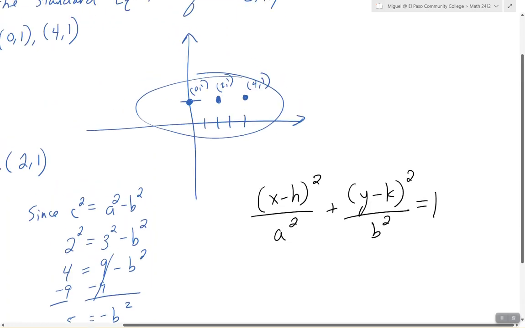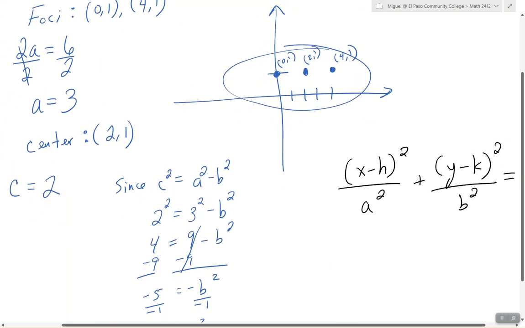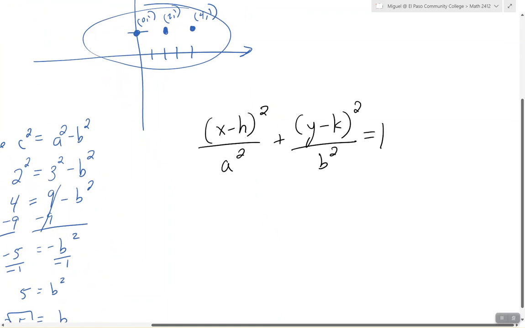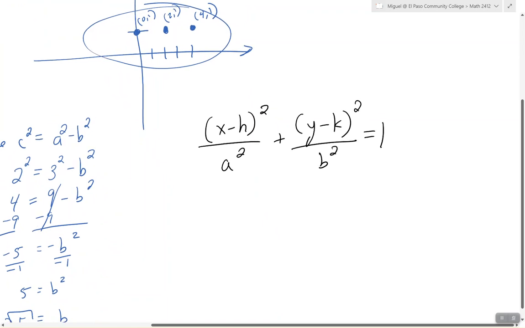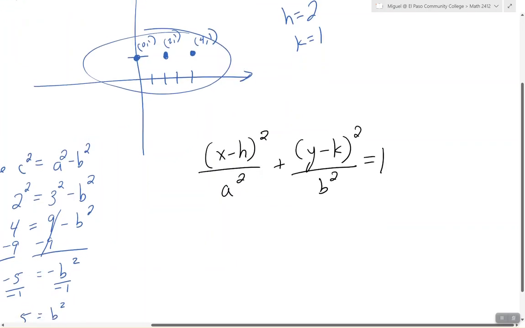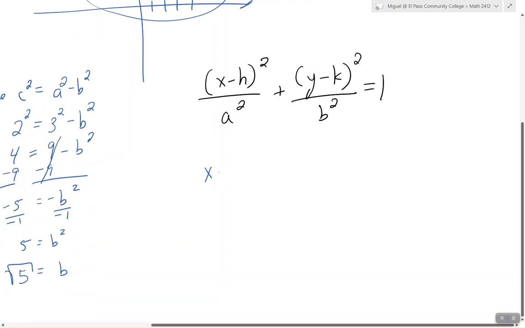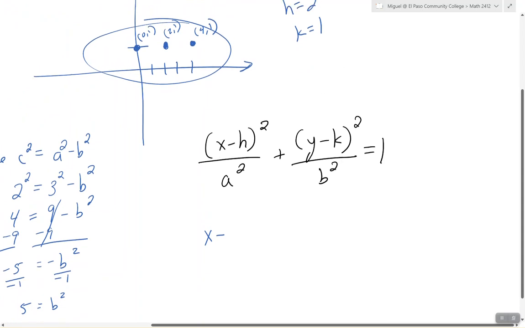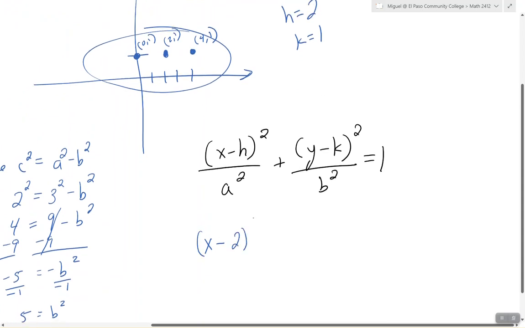So what do we know so far? We know the center, right, is 2, 1. The center is H, K. So H is 2 and K is 1. That comes from the center, which we had already figured out. So start plugging in what we know. We have x minus 2 squared over a. We know a is 3 squared, plus y minus k squared over b.